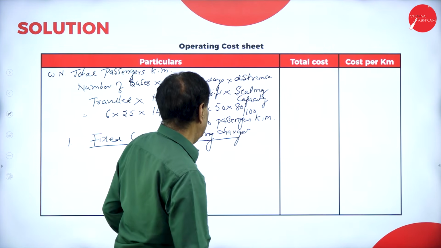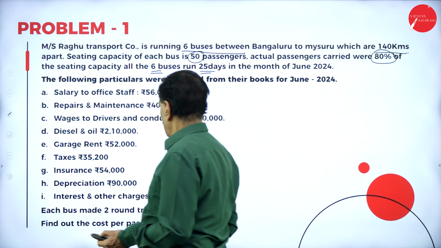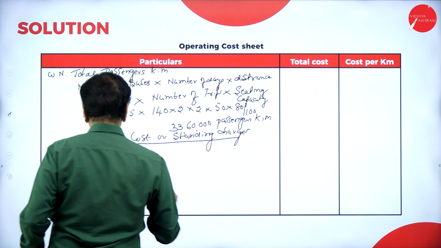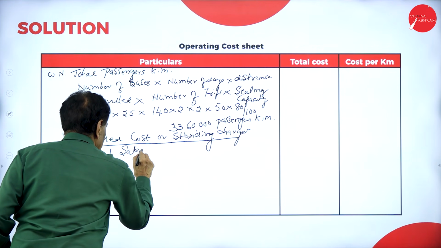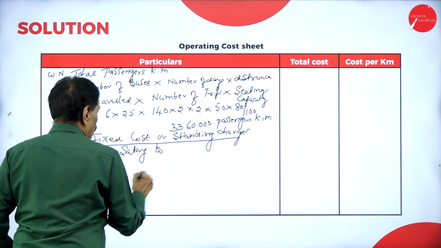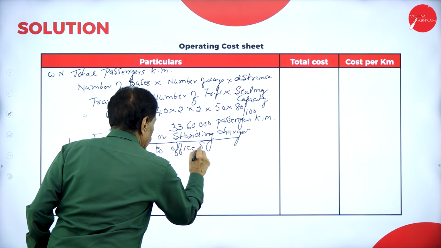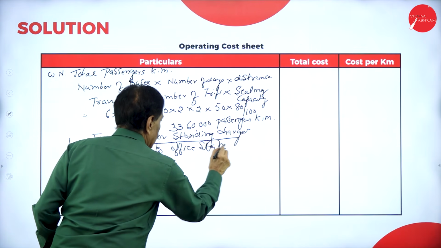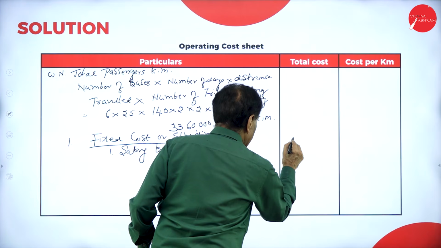What are the expenditures? Number 1, salary to office staff, 56,000.